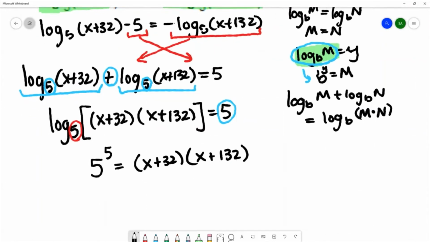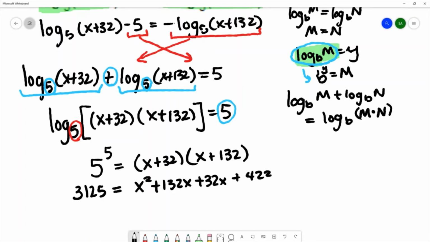Okay, so now we have an equation, and we're going to try to solve it. So we need to know what 5 to the 5 power is. That's 3,125. We'll multiply this out and get x squared plus 132x plus 32x. And we need to know what 32 times 132 is. That is 4,224.